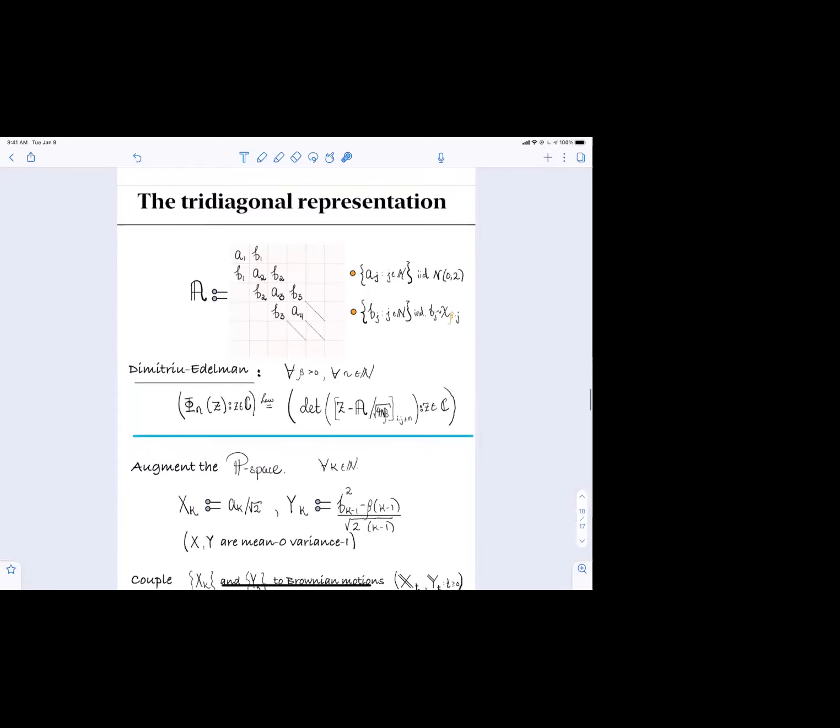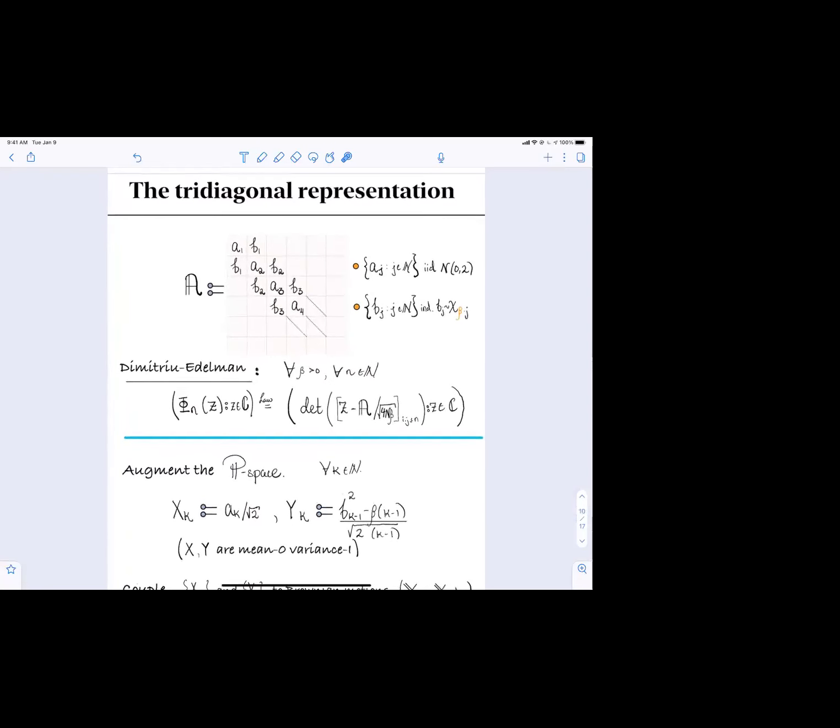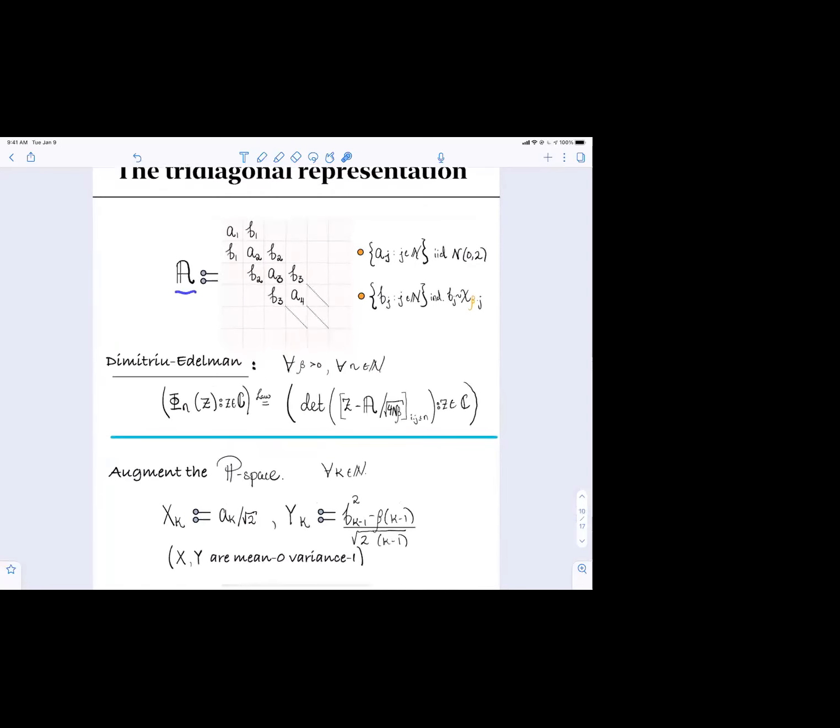So the mathematical tool that makes all of this connection possible is that the Gaussian beta ensemble has a representation in terms of a determinant of some random Jacobi matrix. So this A matrix is infinite, and it has normal random variables on the diagonal. It has chi distributed random variables on the off diagonal.